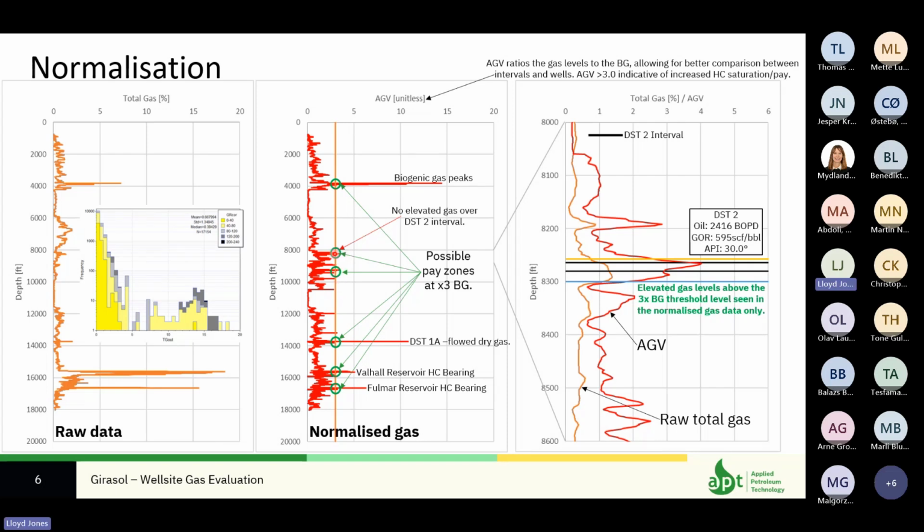And these two zones in particular, between 8,000 and 10,000 feet, are really the interesting zones if you look at the well data, as this zone just below 8,000 feet is only flagged as a zone of interest after the normalization process. I mean, this zone was actually tested on a DST and flowed 2,500 barrels of oil. And without normalizing the data, you'd immediately overlook that, as it's not a very interesting zone relative to the different zones of high gas in the well.